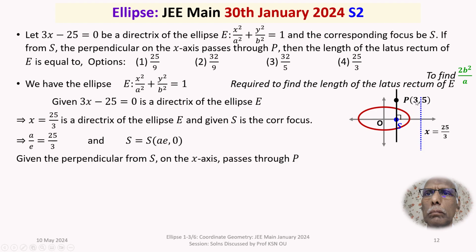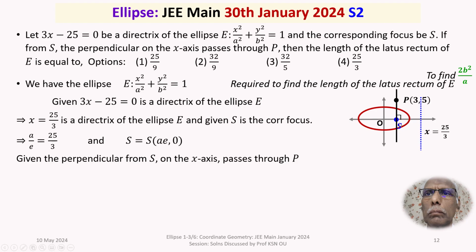Put the values of x is equal to 3, y is equal to 5 in the equation we have taken. Right now we can't say, but there is no guarantee that it will lie on the ellipse also, somewhere. So, I have written like that. And now this is the perpendicular drawn at S which is passing through P (3, 5).